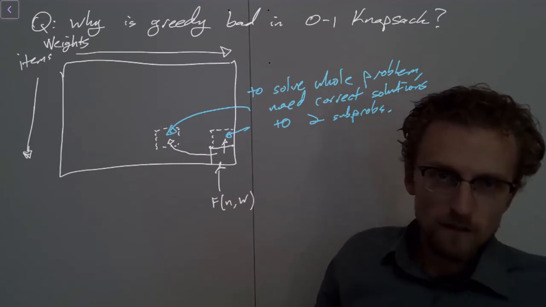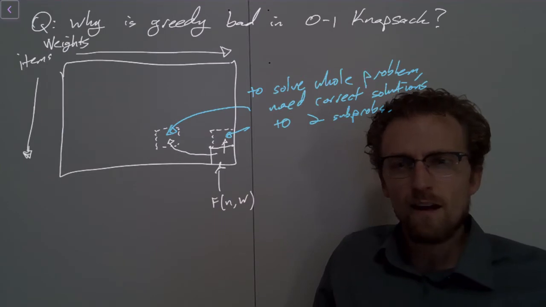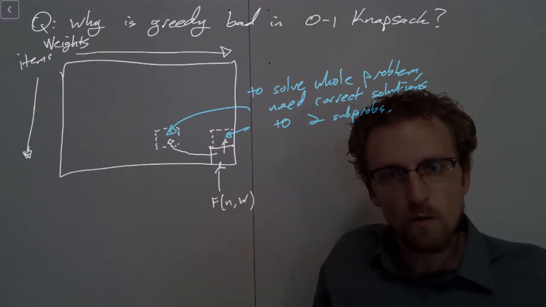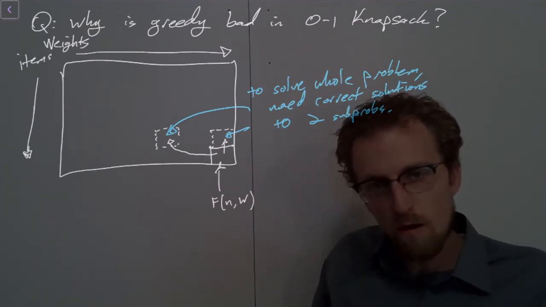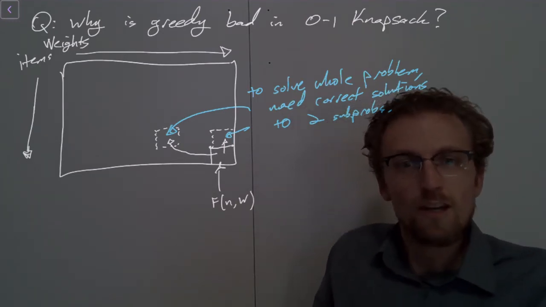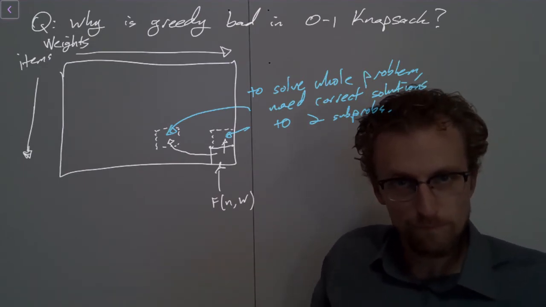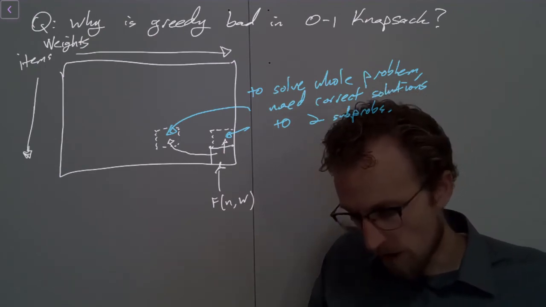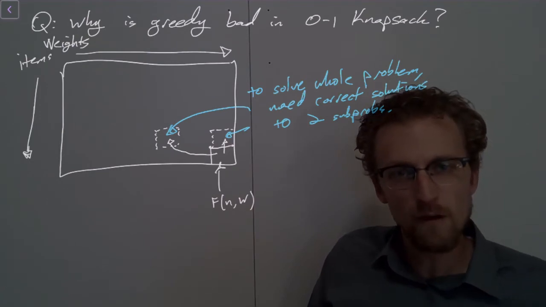There's no way to certify that your final answer is correct unless you have certificates that the two relevant subproblems both have correct answers, right? And the only way to get those is to solve two more each, and then two more each, and two more each, until we have a whole bunch of stars all throughout our table. Okay, so it's not clear how knowing only one of those would get you the answer to the overall problem.